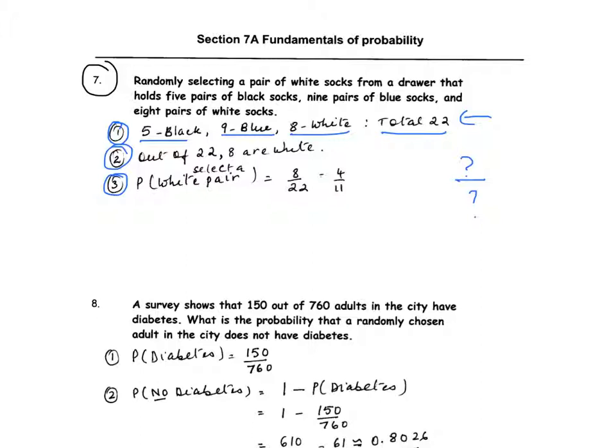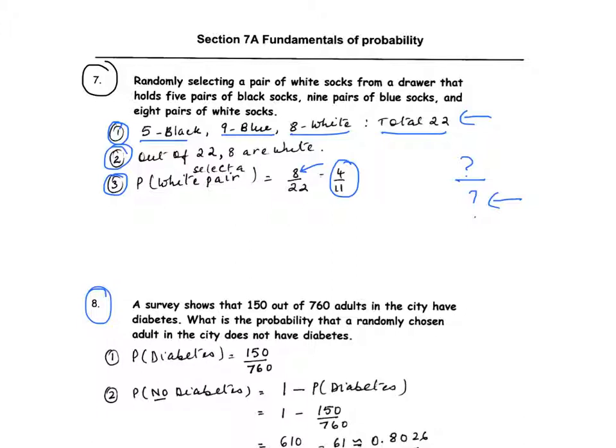It's a fraction. The denominator always has the total number in problems like these. And what favors the event that we're interested in is always in the numerator. So 8 divided by 22, which is 4 over 11, is the probability of selecting a white pair.